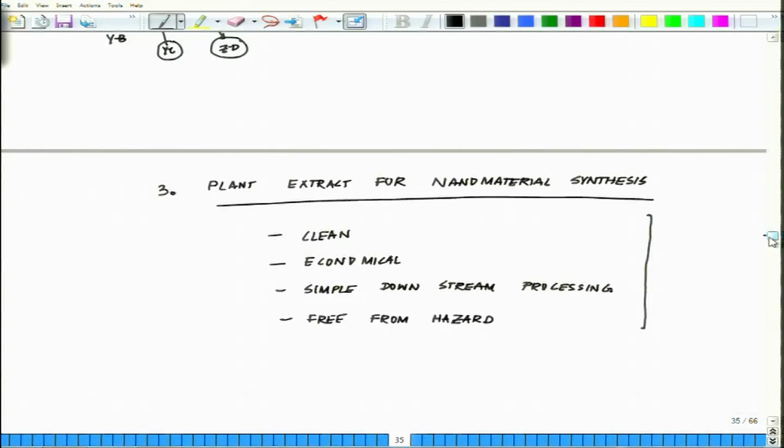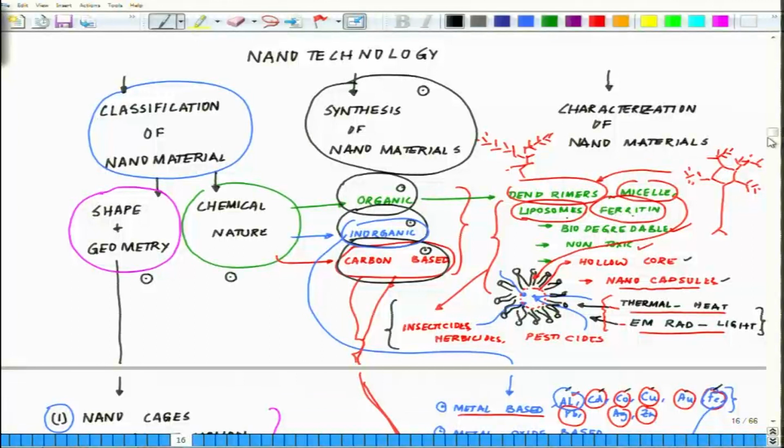So, let us summarize what all we have covered in this section as of now. To start off with, this is where we started on the module of nanotechnology. We talked about the classification of nanomaterial in terms of shape and geometry and the chemical nature.